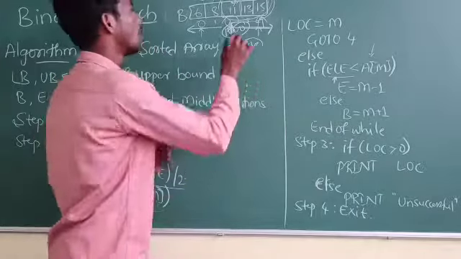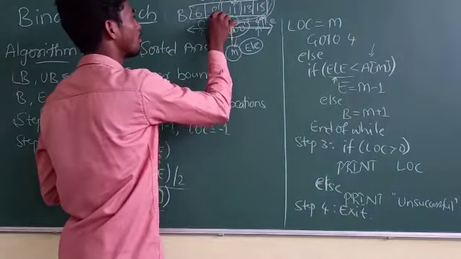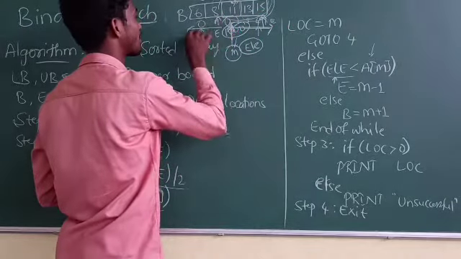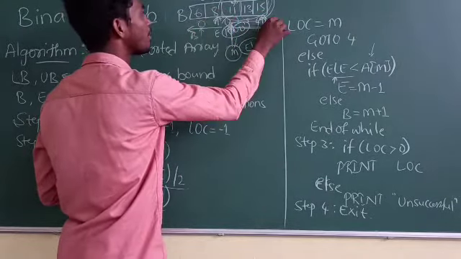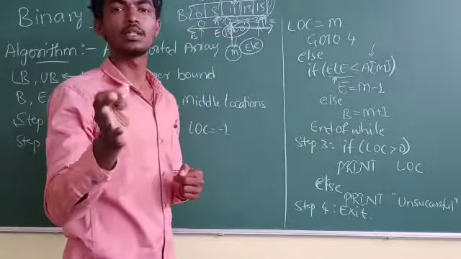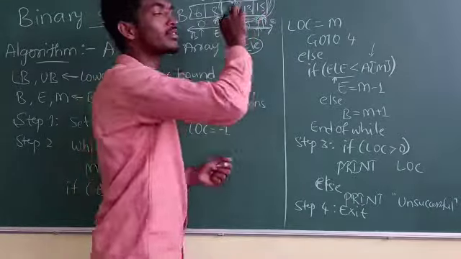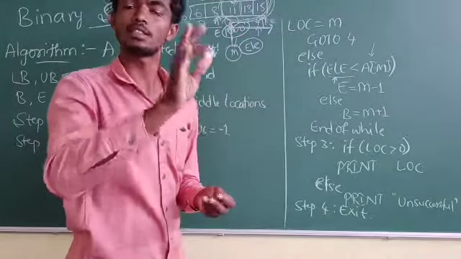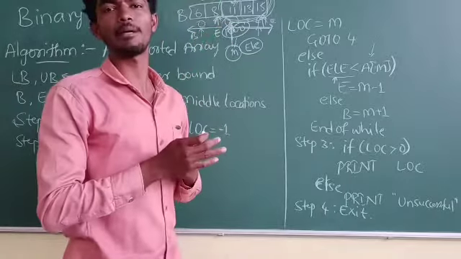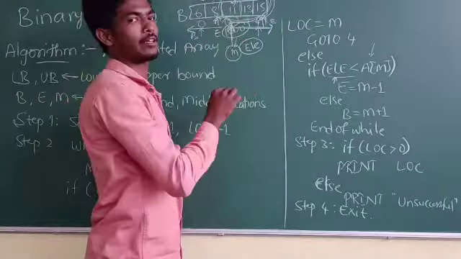At that time, this end will be moved to this pointer. This is the beginning, and this end point will be moved to this element, because the searching element is less than the middle element. That's why there is no need to search these elements.